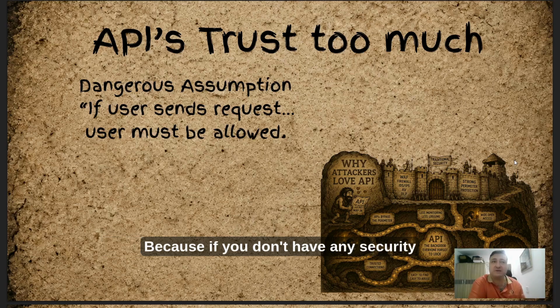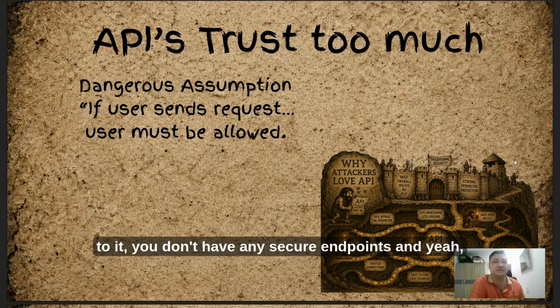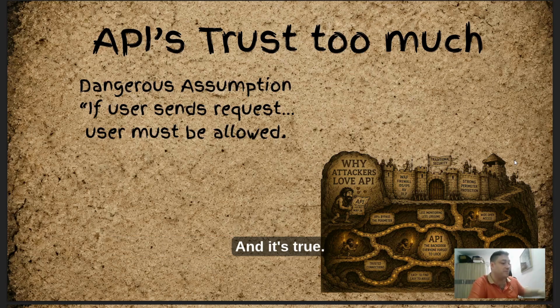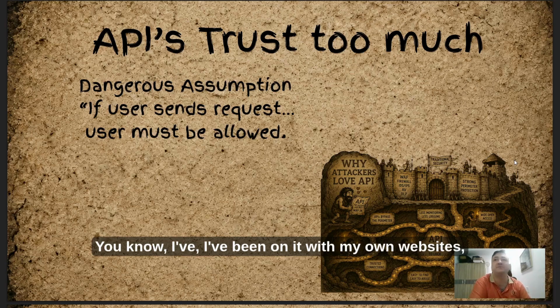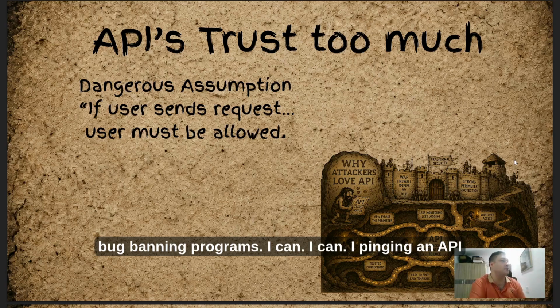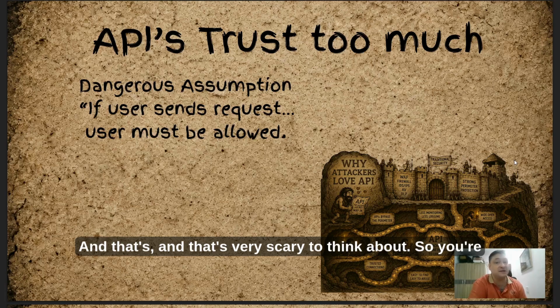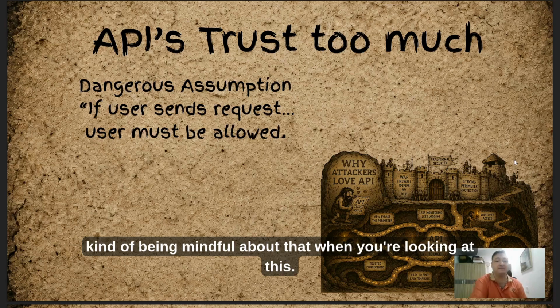Because if you don't have any security to it, you don't have any secure endpoints, then yeah, you're going to allow many users to access this information. And it's true. I've been on it with my own websites, bug bounty programs. I can ping an API and it'll give me a lot of information. And that's very scary to think about. So be mindful about that when you're looking at this.